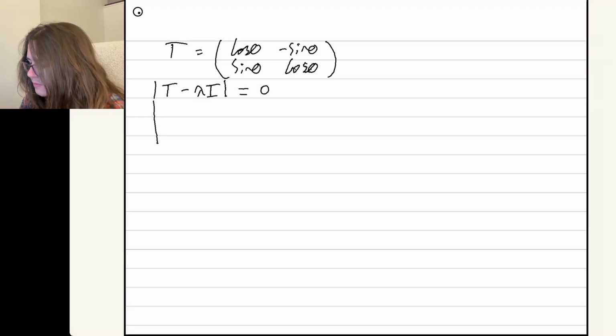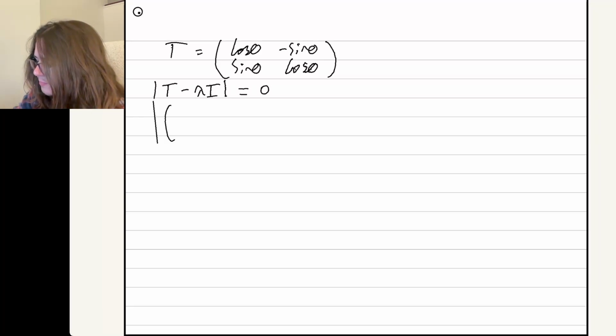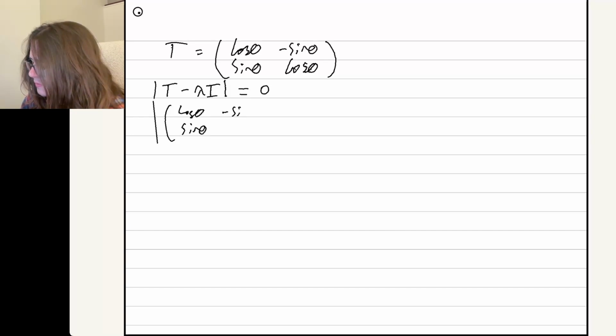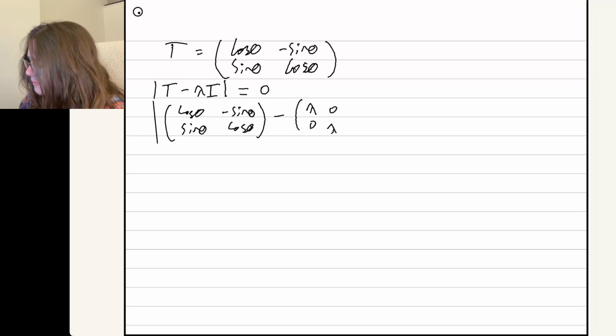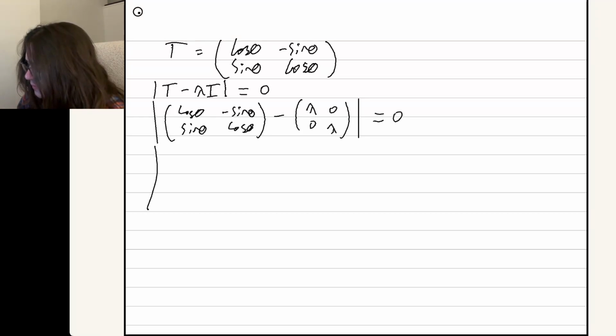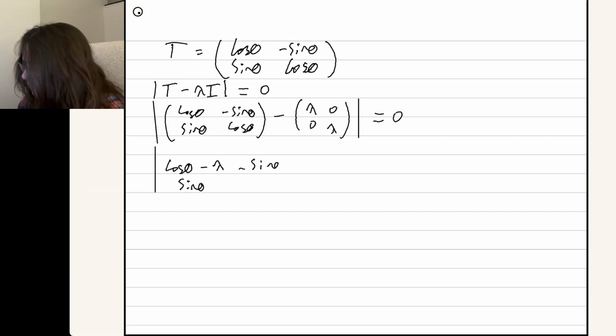So we have to take the determinant of the matrix formed by the rotation matrix minus lambda 0, 0, lambda, and set the resultant matrix equal to 0. So it's going to be the determinant of cosine theta minus lambda, sine theta, minus sine theta, cosine theta minus lambda.